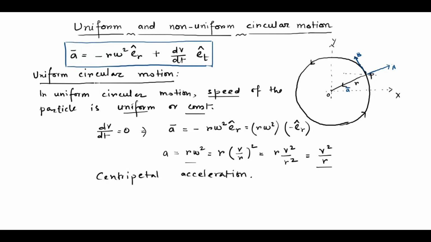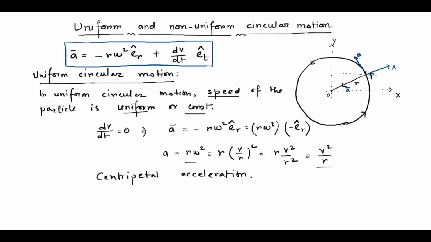If the speed of the particle is constant in a circular motion, then only centripetal acceleration acts on the particle, and this acceleration is in the radially inward direction.